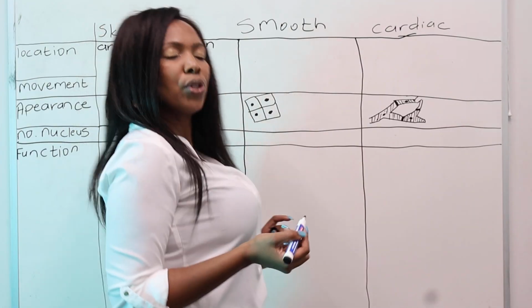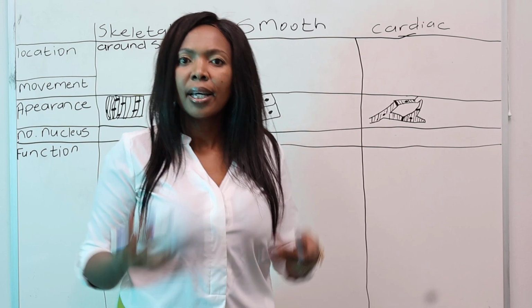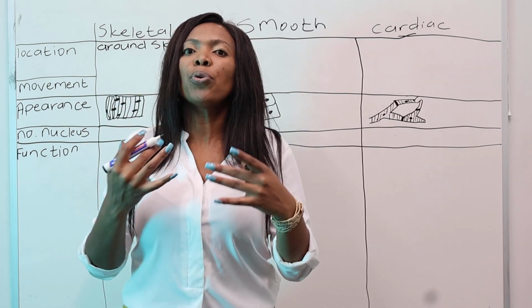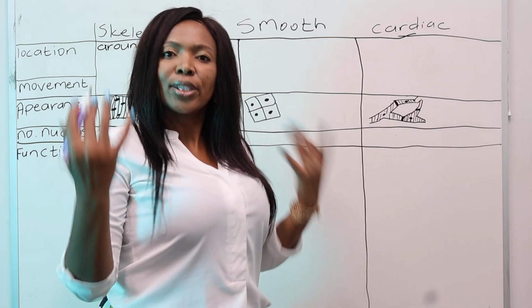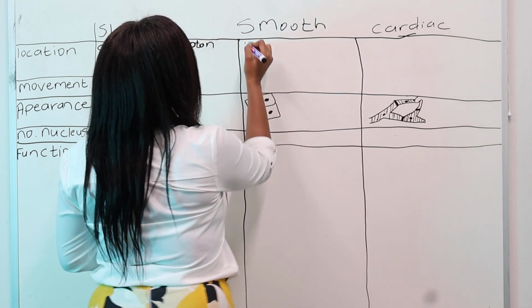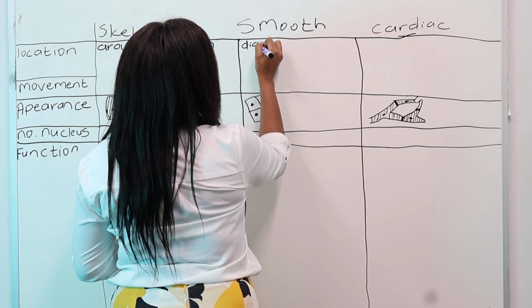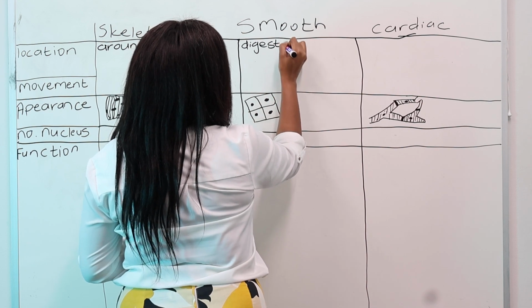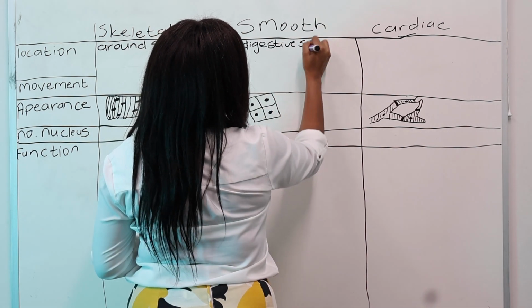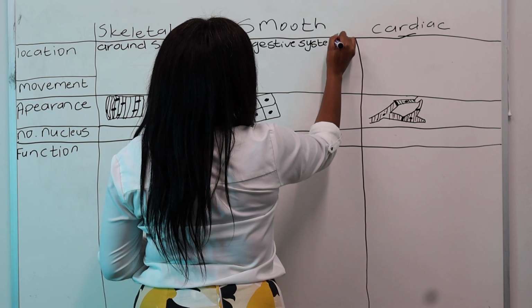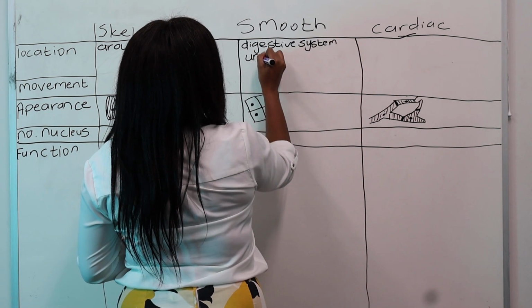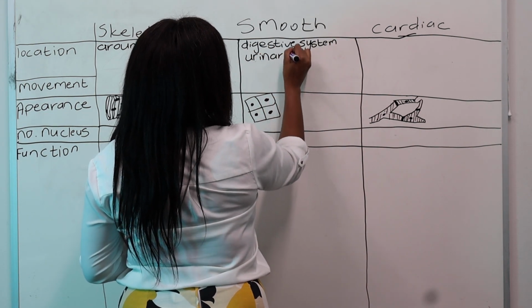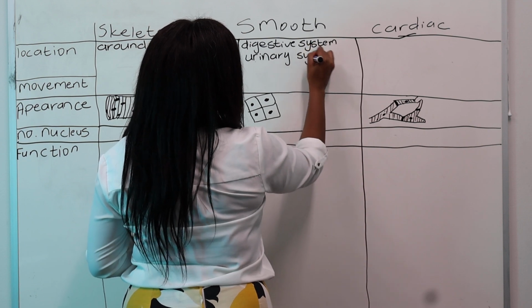And then the smooth muscles, they help with peristalsis. So they are found in the digestive system, the organs of the digestive system. They help with movement of urine, so they are found in the urinary system.